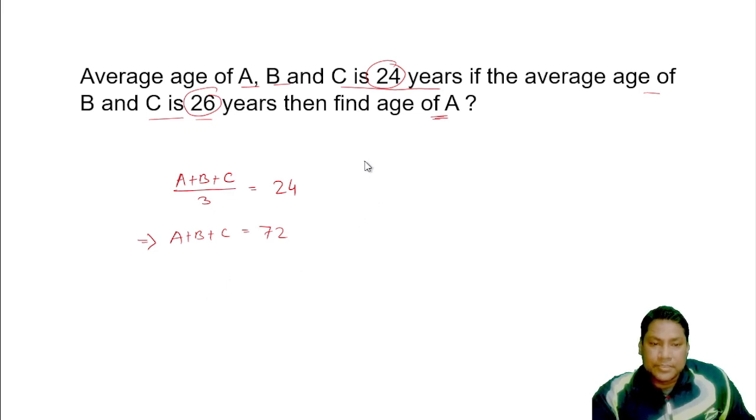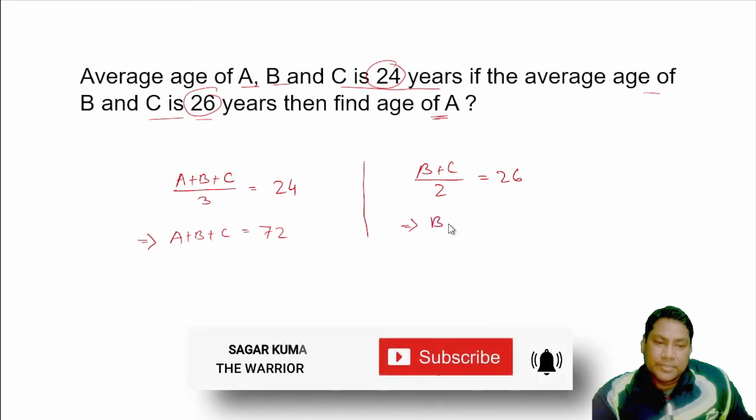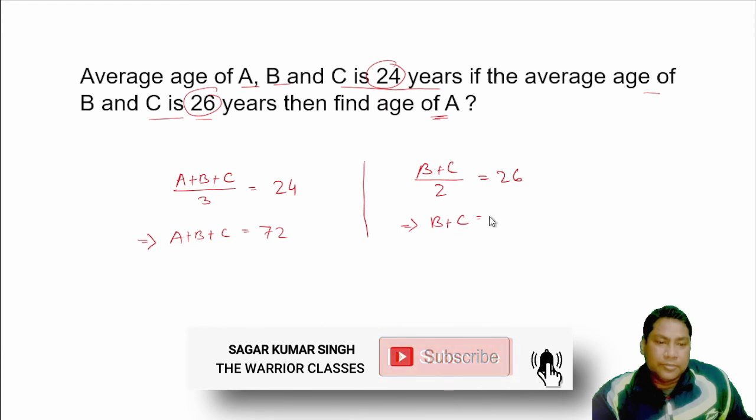Next in the question they have given the average age of B and C. So we write B plus C, and here the observations are 2 and their average age is given as 26 years. So we write 26. Now we'll find the value of B plus C. 26 times 2 will become 52.